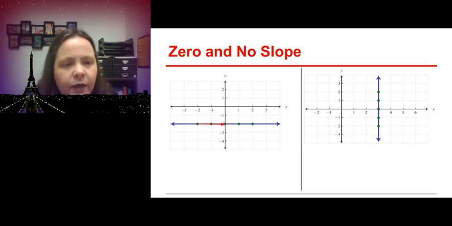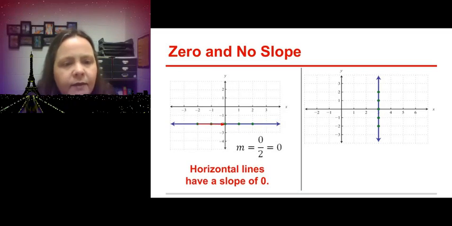My rise, or here my change in y, is 0. The y does not change at all. Y is always negative 2. So I just go across 2 units to get to another point. I could have gone across 1 or 3 or 4. And I have that my change in y is 0, so 0 over 2 is 0. So all horizontal lines have a slope of 0.